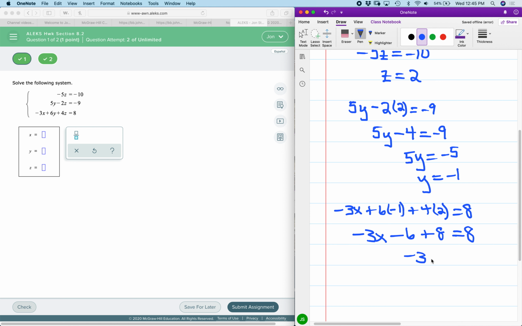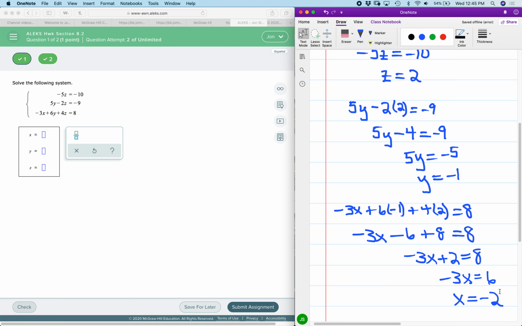You can probably see that the 8's are going to cancel out. So in this particular case, negative 6 plus 8 is 2, so negative 3x plus 2 is equal to 8. Take away 2, and we have negative 3x is equal to 6. And we have that x is equal to negative 2.